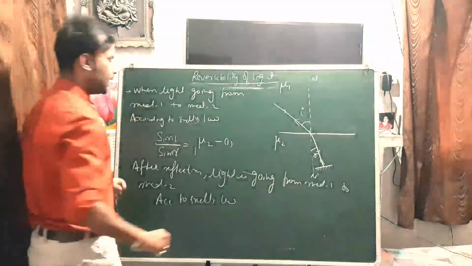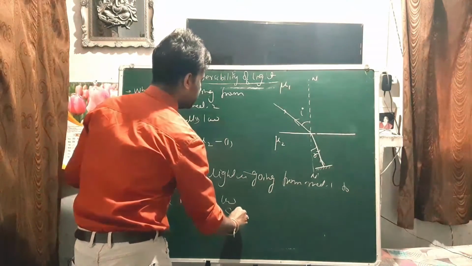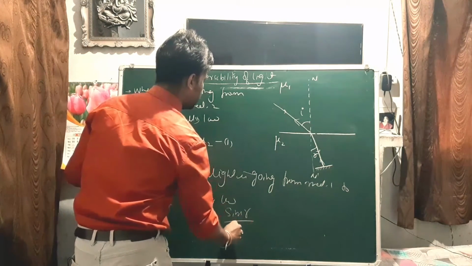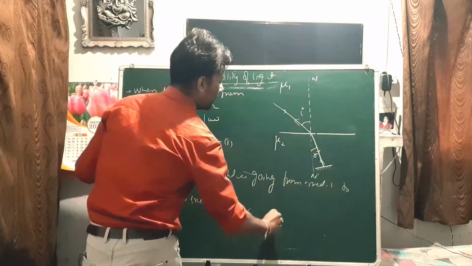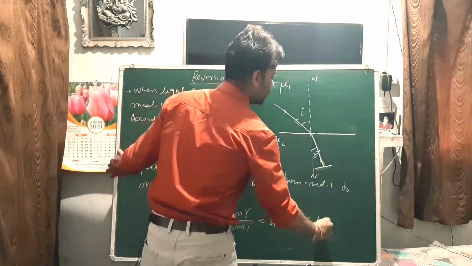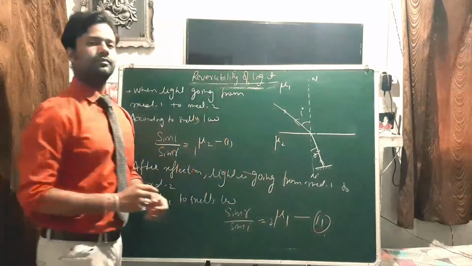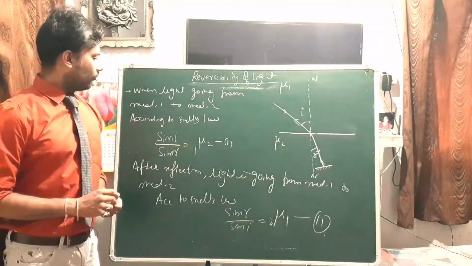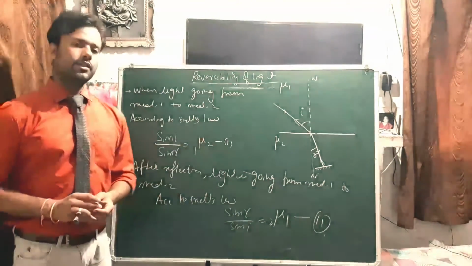what will be the new equation? That will be sin R upon sin I equals 2 mu 1. This is equation number 2. Multiply these two equations.